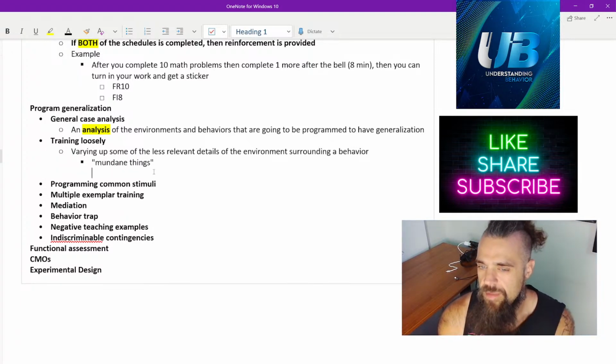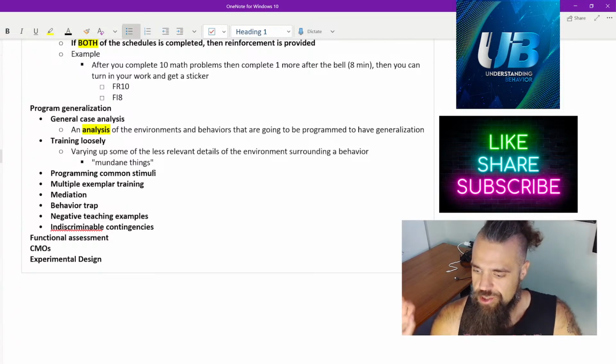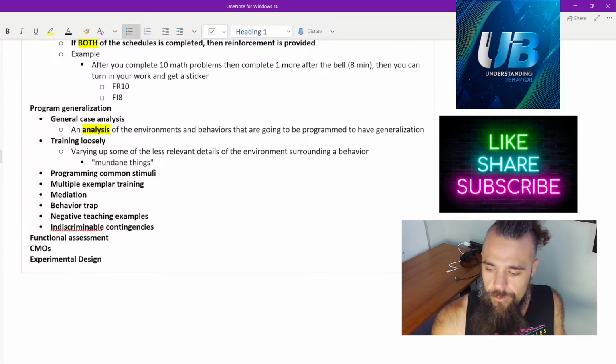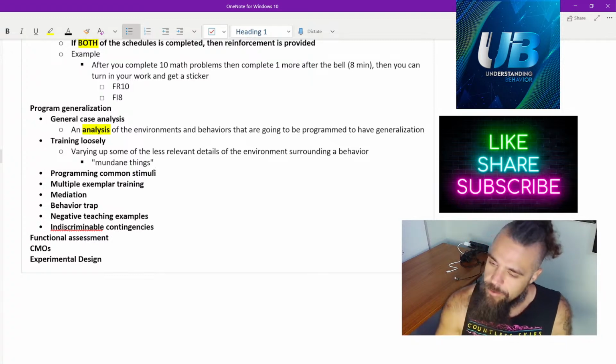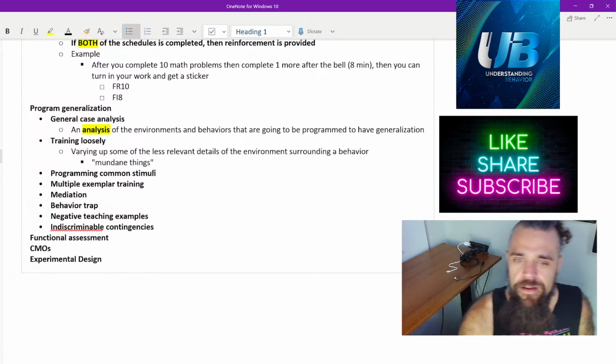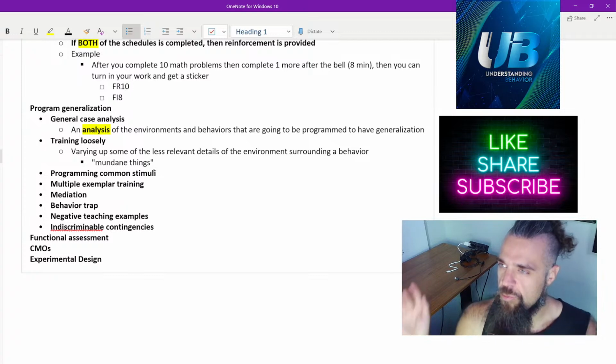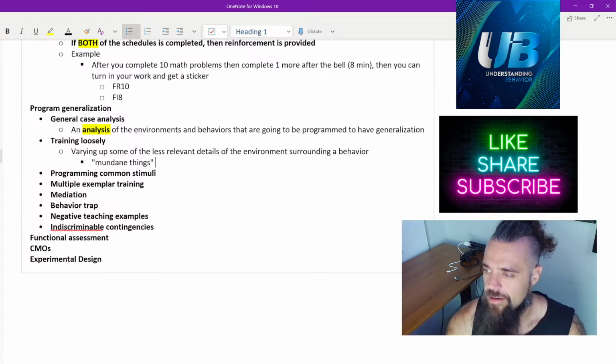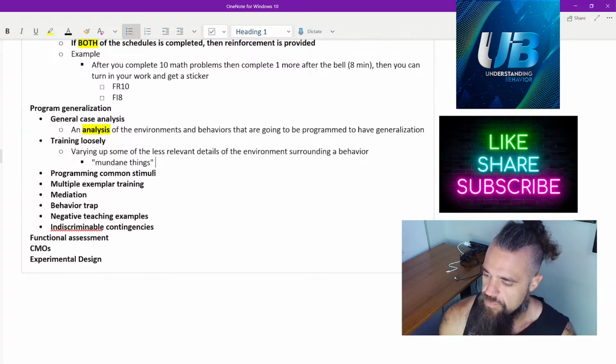Maybe it's the technician's shirt. Maybe it's the color of the walls that they're in. Maybe it's the part of the school that they're in. As long as those things aren't super relevant to the skill, and aren't going to take lots of programming to have them adjust to, then that's going to be considered training loosely.